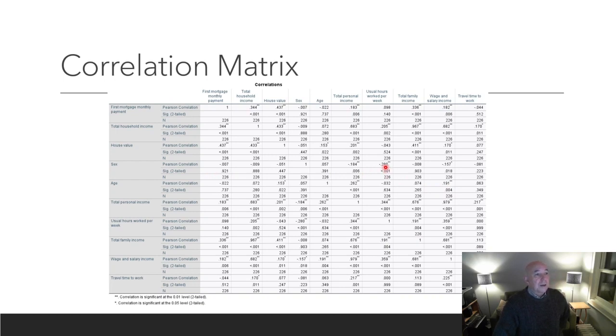So here is a relationship between sex and mortgage payment. It doesn't seem to be significant, but it does seem to be significant in some other areas as well. So look for significant relationships when you're picking out your variables. You can go back to this slide later and look at it.